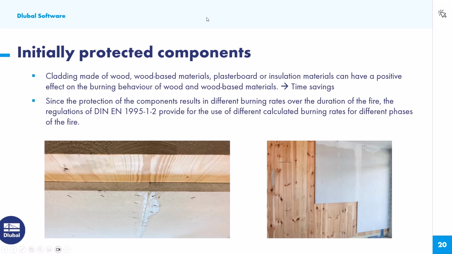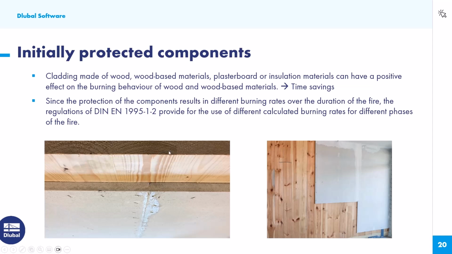And now we talk about initially protected components. As you can see, this is, I guess, the most common case, to cover it by some gypsum boards. The advantage in this case is we save time, because the gypsum boards, or all other claddings, cause a delay.